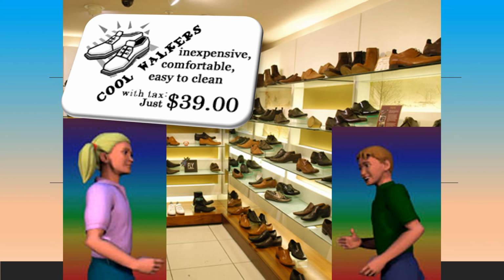Cool Walkers are inexpensive, comfortable, and easy to clean. With tax, just $39. About maybe 46,000 won, right? Maybe 47,000 won. $39.